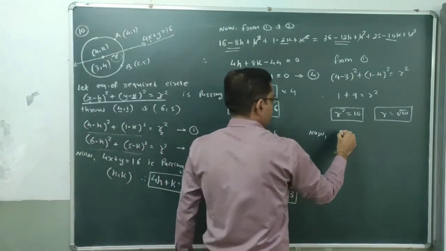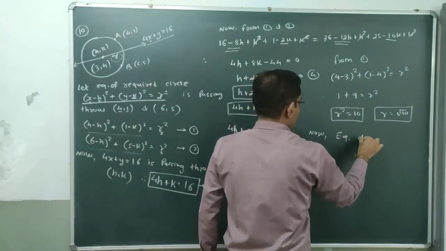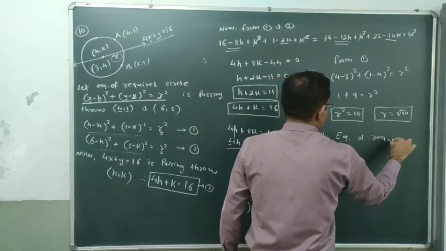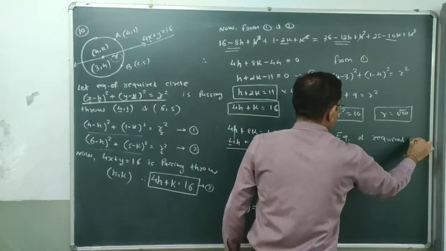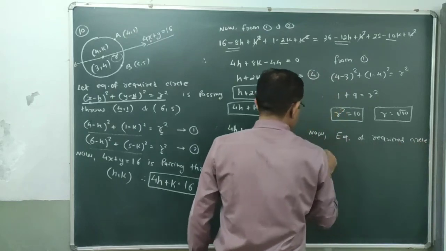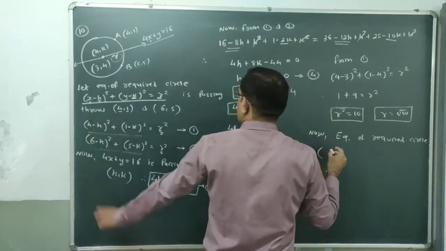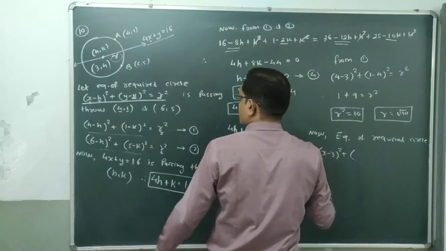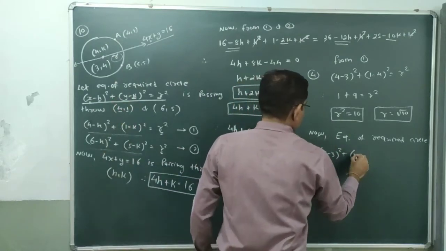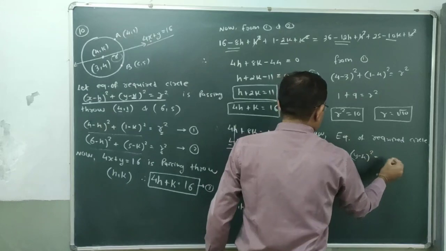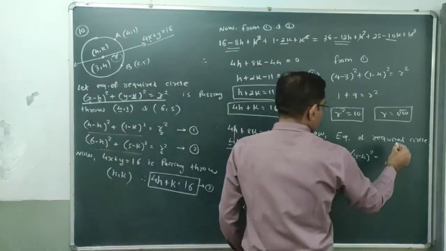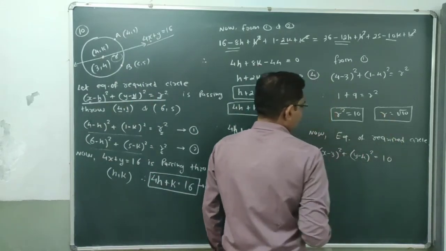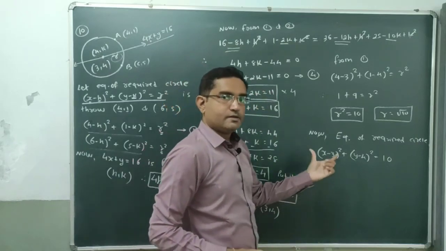So our answer, the equation of the required circle is (x minus 3) whole square plus (y minus 4) whole square equal to r square equal to 10. Done. This is the equation of the circle in standard form.